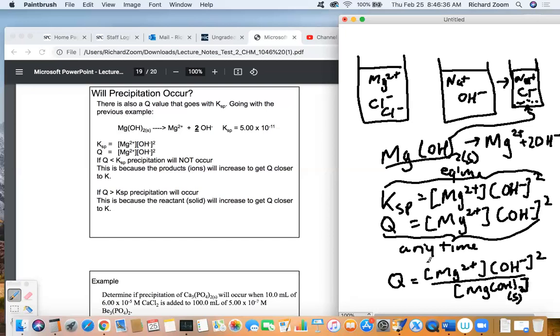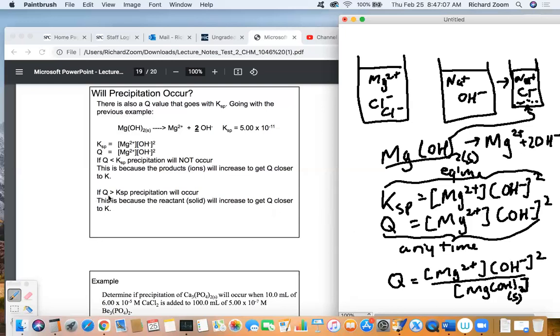And you can ask the question, in relation to Ksp, what's going to happen to Q? If Q is less than Ksp, precipitation won't occur. The reason for that is that if Q is less than Ksp, the top portion is going to get bigger. That's the Mg2+ and the OH-, the ionic side of the equation. So there's going to be more ions there, so precipitation won't occur.